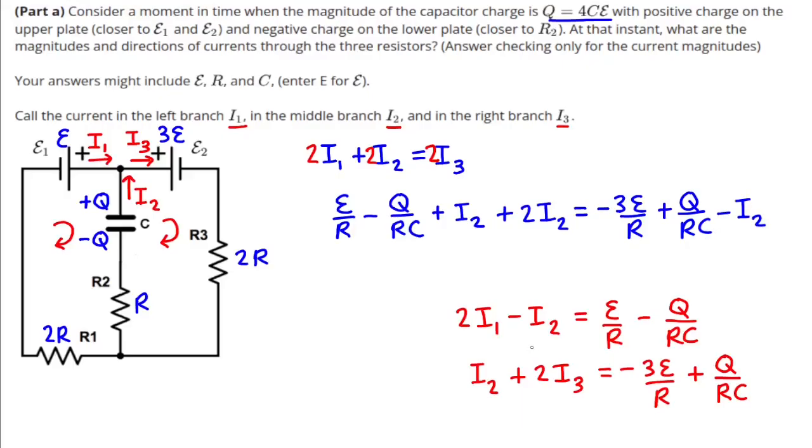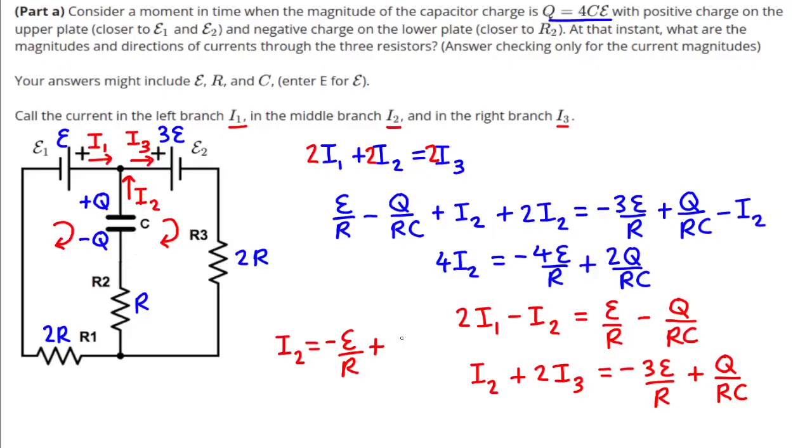So taking I2 to the left hand side, we have 4I2, and on the right hand side, we have minus 4 epsilon over R plus 2Q over RC. So dividing through by 4, we get a third equation, which we'll write over here. So we have I2 is minus epsilon over R plus Q over 2RC.